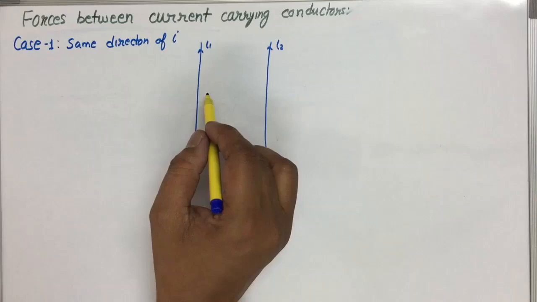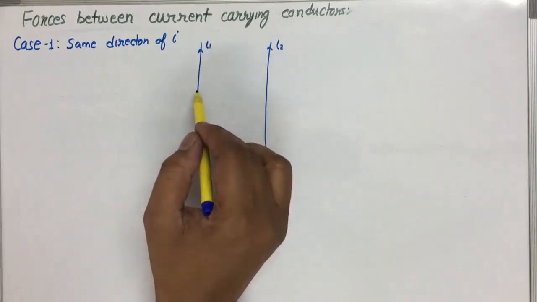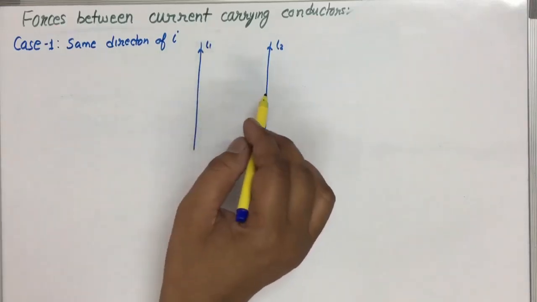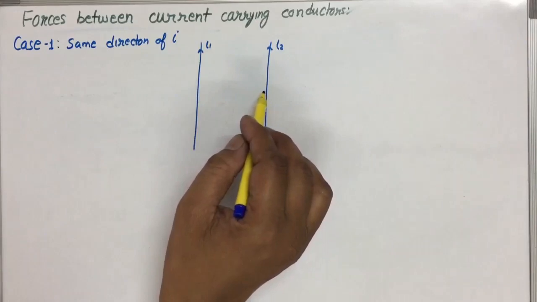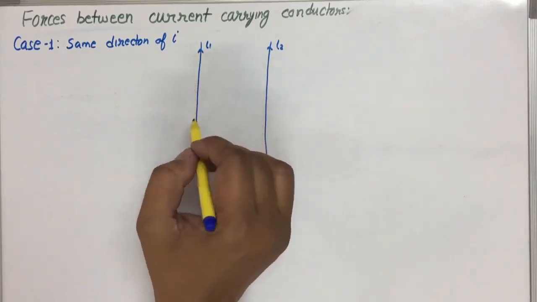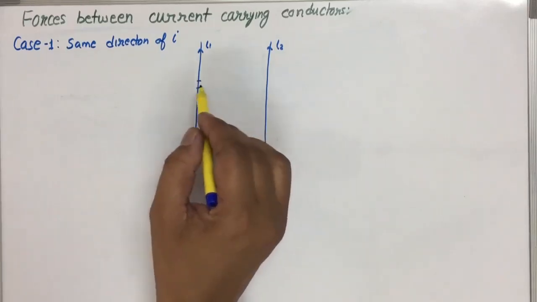We know the formula to find the force on a current carrying conductor at any point in a magnetic field. So the same thing we will apply here. We will consider that this current is producing a magnetic field, and in that magnetic field this conductor is placed, which has current I dl. It has moving charge, so it will experience a force, due to the law that we have studied.